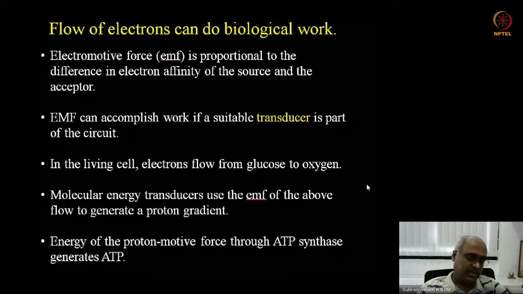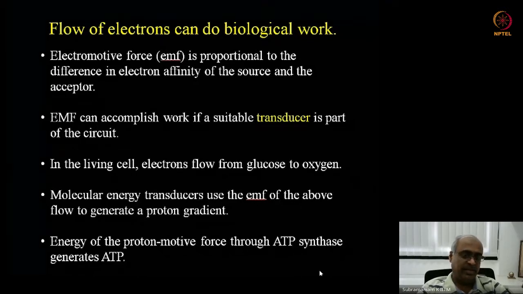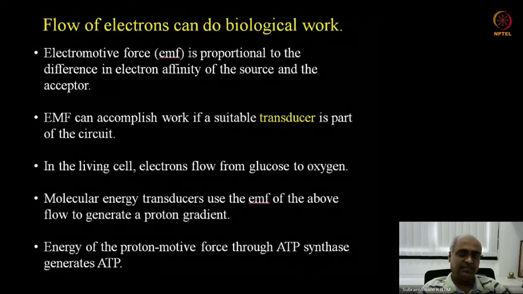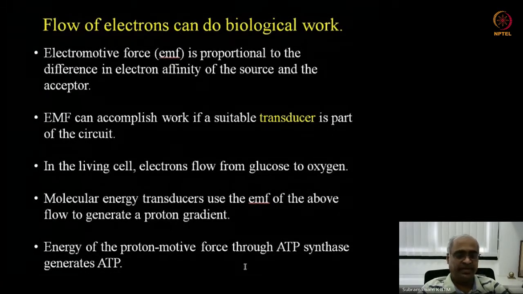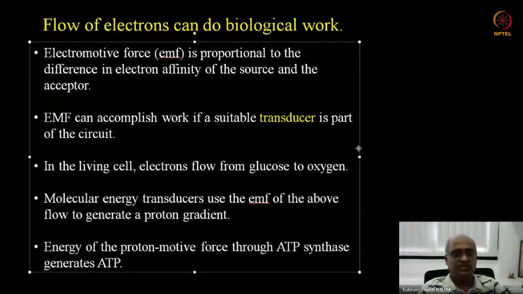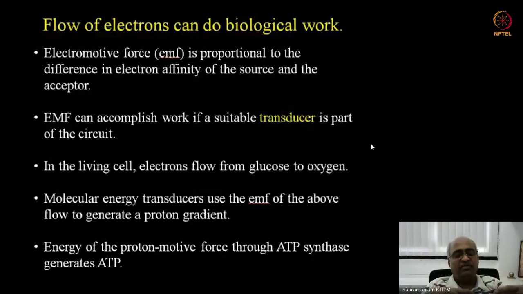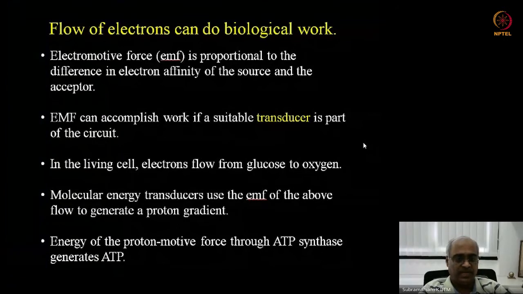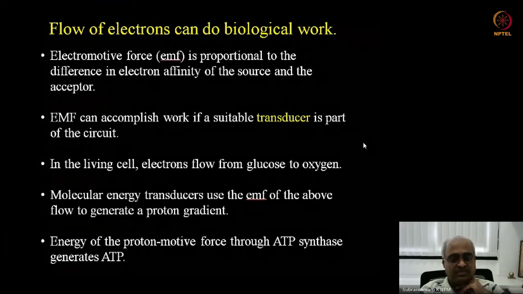So here we are going to focus primarily on the electron transfer related thing. I think I sort of explained this, but for continuity's sake, I'll begin here once more. When you have a molecule which has low affinity for electrons, and another molecule that readily accepts electrons, then one will donate and the other will accept.